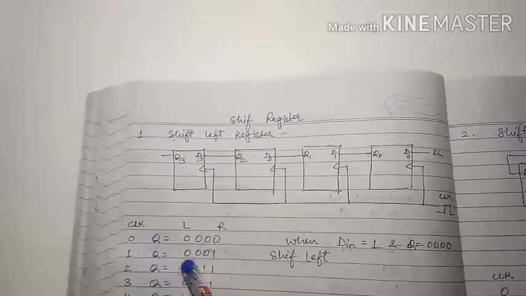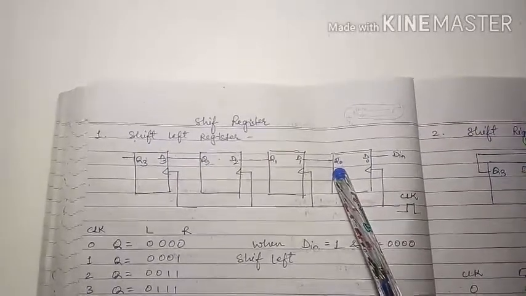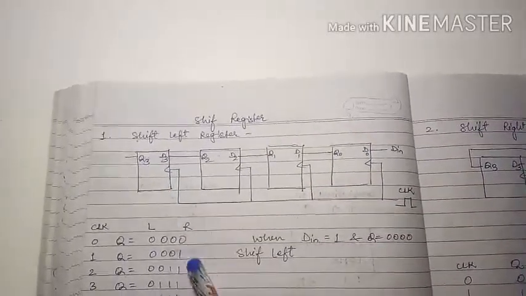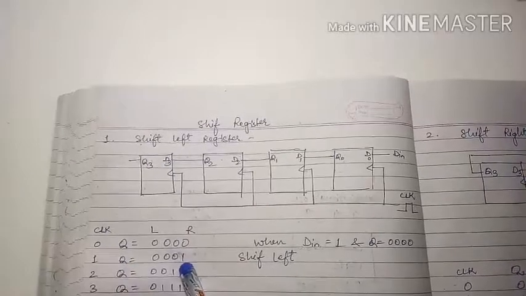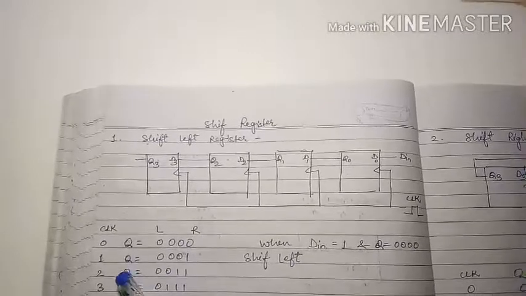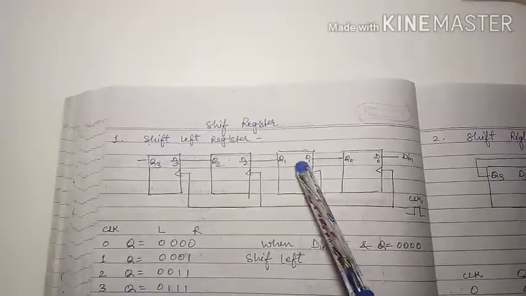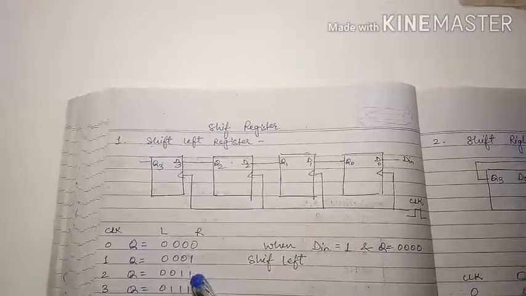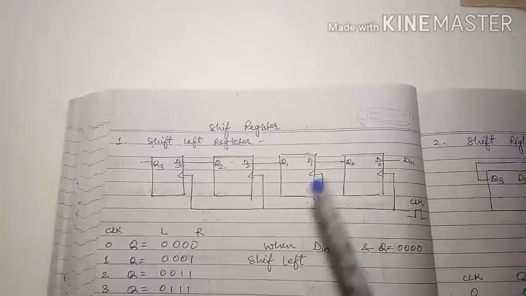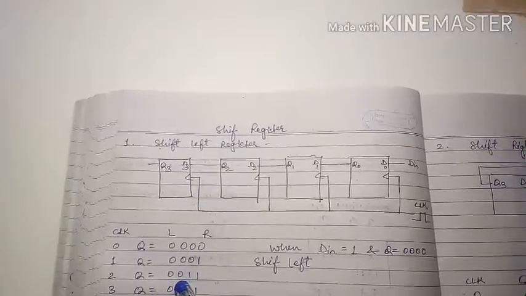As the first clock pulse occurs, D in is 1, so Q0 is 1, and the rest are 0. So the output becomes 0 0 0 1. When the second clock pulse occurs, this output is shifted, so Q1 and Q0 become 1 1, and Q2 and Q3 are 0 0.